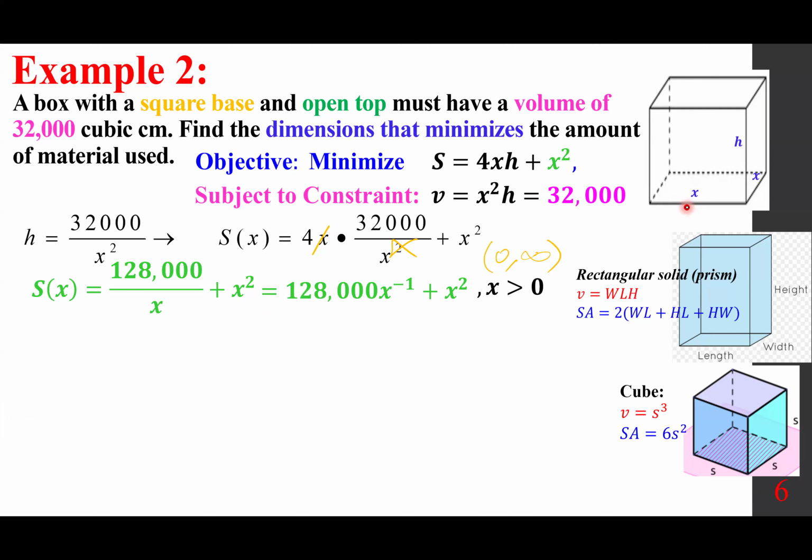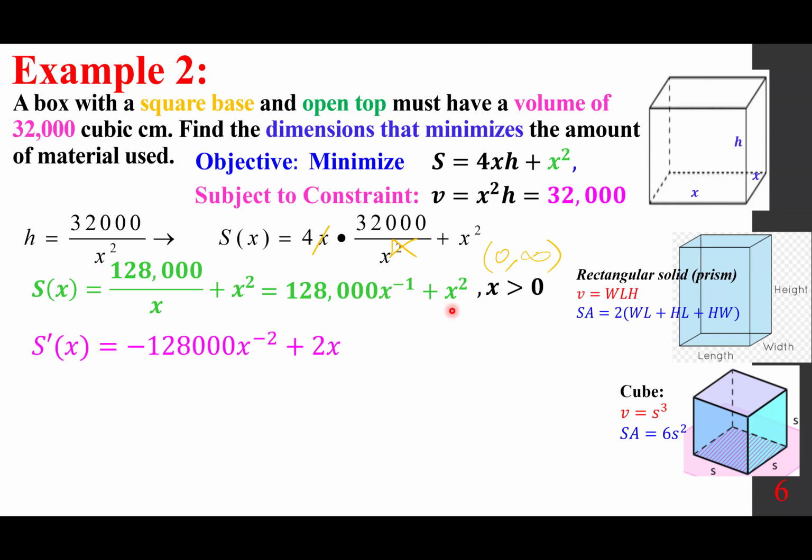Again, x represents dimension. So what do we do? We are going to differentiate, set equal to 0, and find all critical points. So here's S. We're going to go with S prime of x. The product of these two is negative 128,000 x to the power minus 2 plus 2x.